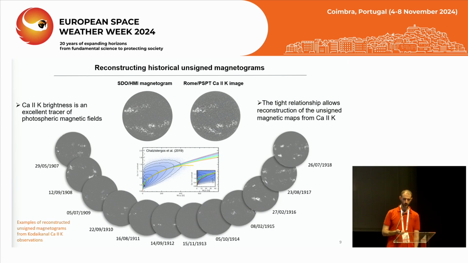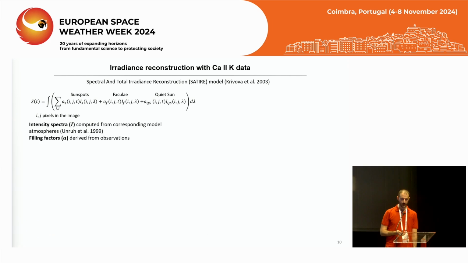You see some examples from Kodaikanal data more than 100 years ago. And having these magnetograms, we can use this data to recover irradiance variations with a physics-based model like SATIRE, which I will show you now. These models get the irradiance variations by splitting the disk into different features: sunspots, faculae, and quiet sun.